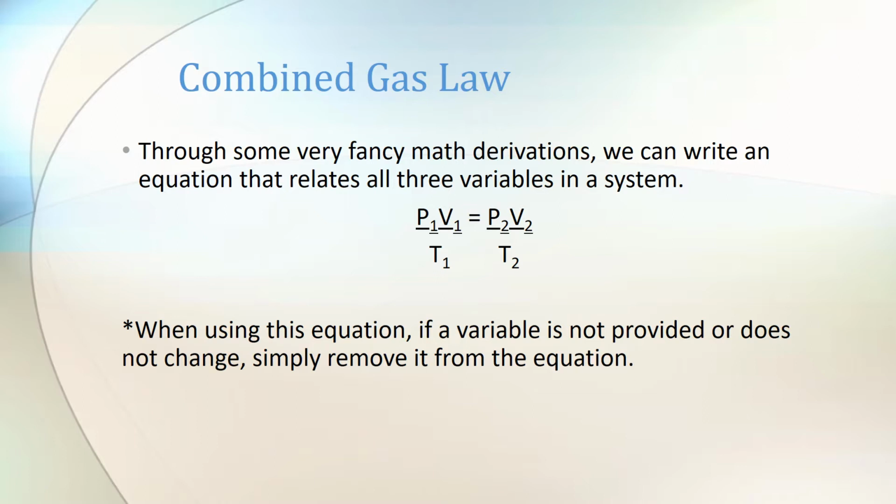Whatever variable is not provided or does not change is simply ignored in the equation. For example, if my problem gives me a change in pressure and a change in volume, but says either that my temperature is constant or doesn't say anything about temperature at all, I merely ignore T1 and T2. In doing so, I'm left with Boyle's law.